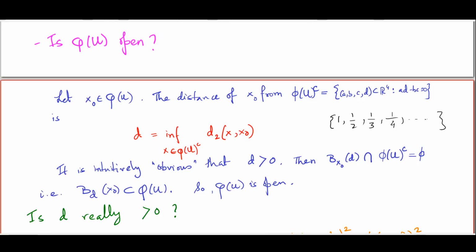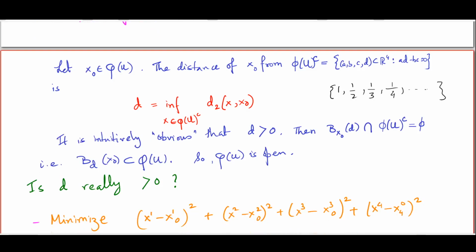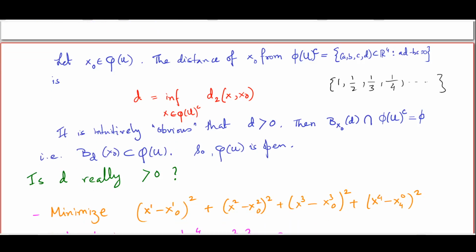To do this, I'm going to take an arbitrary point x on our surface phi u c and minimize the distance of the point x from the point x0. I'm going to use elementary calculus for that. I need to minimize (x1 minus x10) whole square plus (x2 minus x20) whole square plus (x3 minus x30) whole square plus (x4 minus x40) whole square.